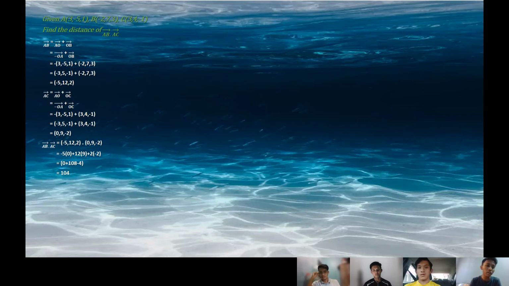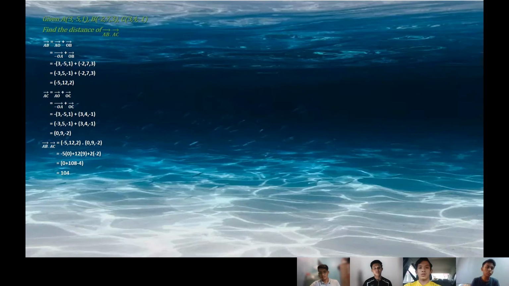We know the vector of AO is opposite, so we need to put a negative sign. We get -3, 5, -1 plus -2, 7, 3. So the answer is -5, 12, 2.